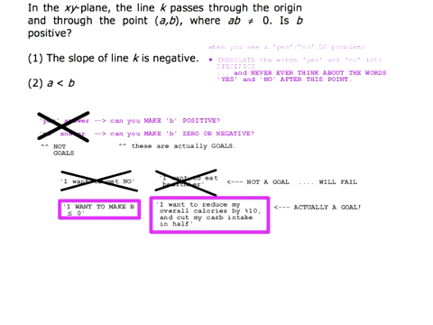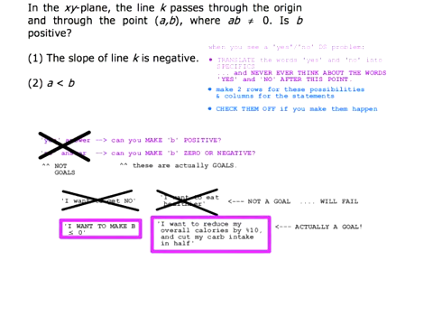So, here's what we do. What it helps to do after this is to just make a table. Make 2 rows for these possibilities, and then columns for the statements, and then check off if you make them happen. You've seen my study halls before, so you've seen this device.